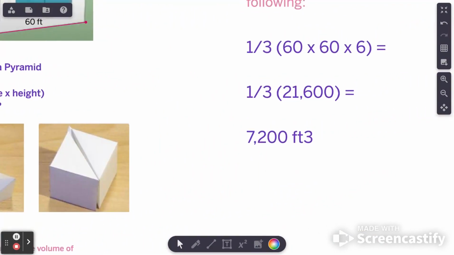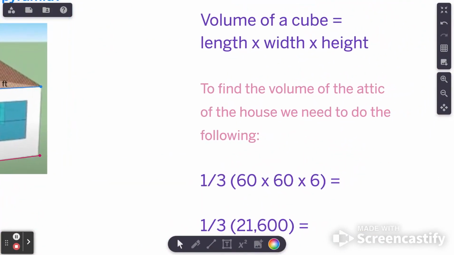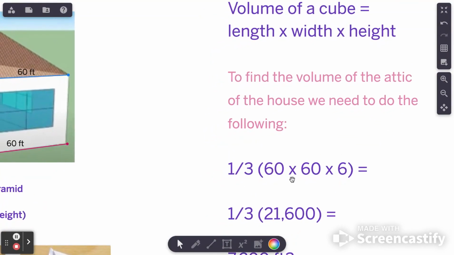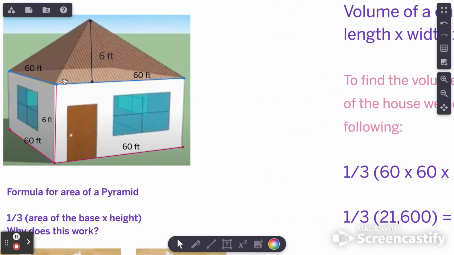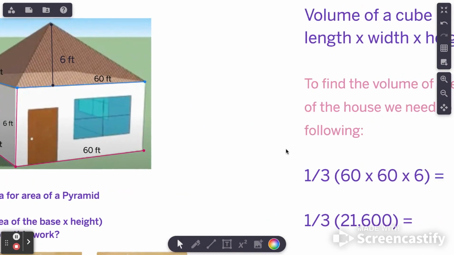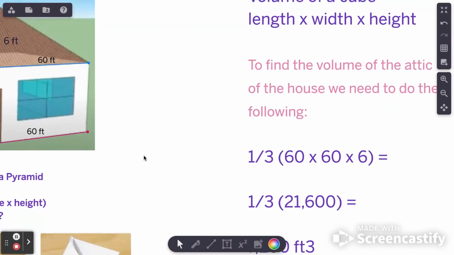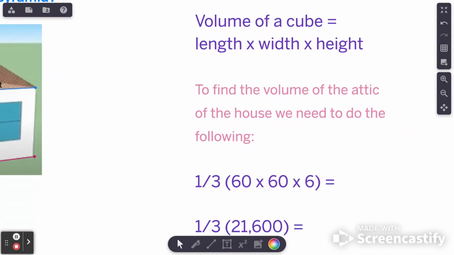And let's go ahead and solve this out. So to find the volume of the attic of the house, we need to do the following. We have 1/3 times the area of the base. So the area of the base would be 60 times 60, since this is a square base, times 6, which is the height of our roof. Sorry, I'm moving around a lot.